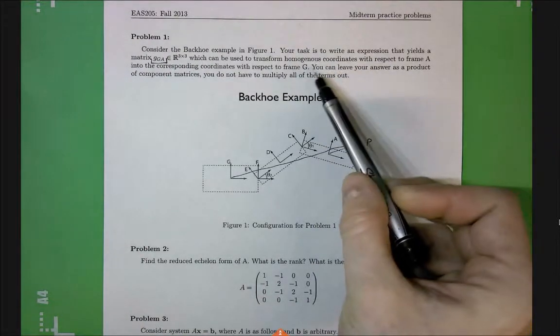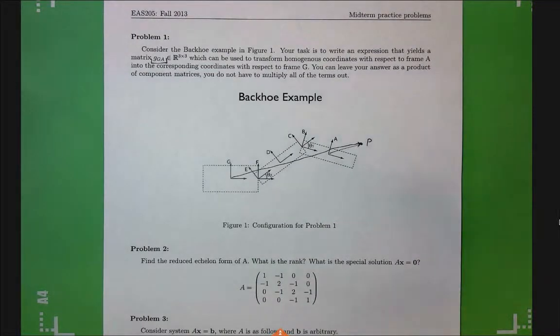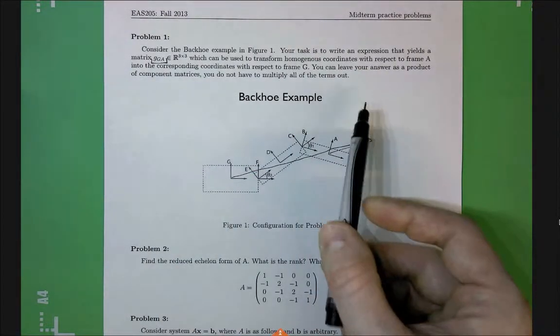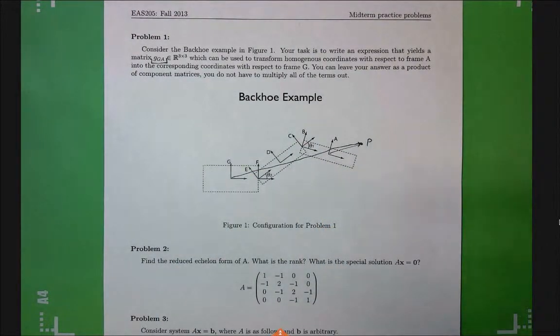This is really not about abstract algebra. This is not about making you compute lots of things. That's not the point at all. So you can leave the answer as a product of component matrices. You don't have to do the actual math of multiplying the matrices together.